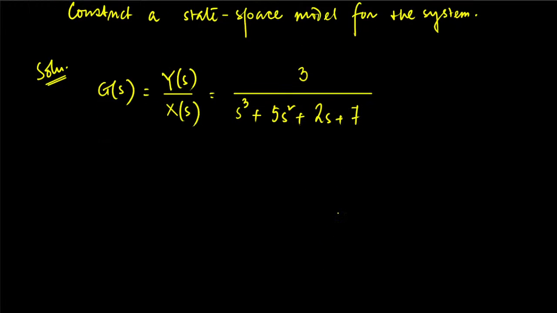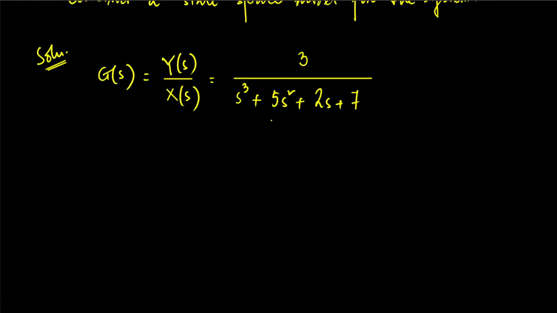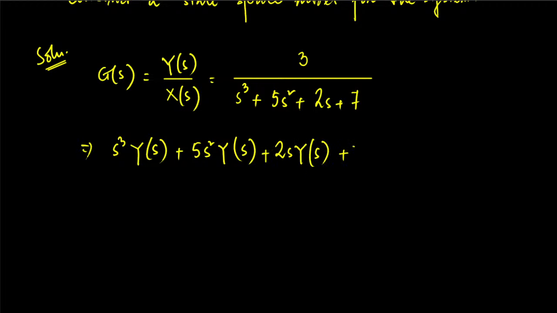Not a problem. And so we can do a reverse calculation here. We can write s cube Y(s) plus 5s square Y(s) plus 2s Y(s) plus 7 Y(s), and that should be equal to 3X(s).